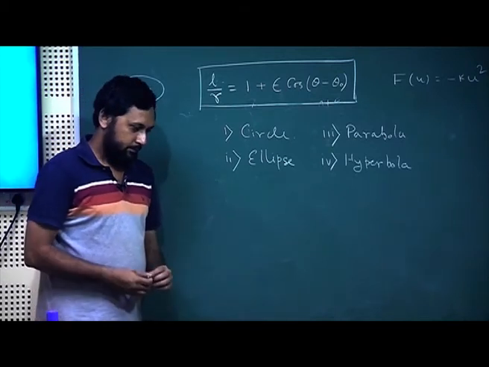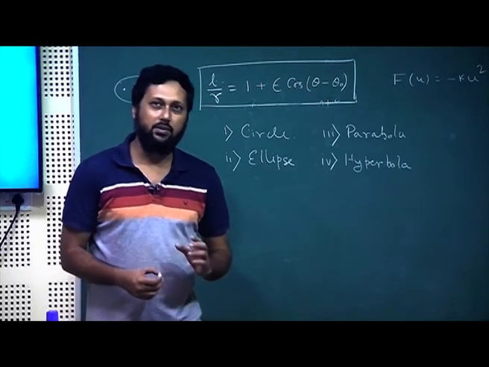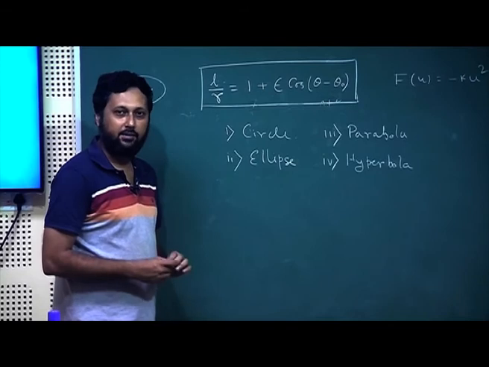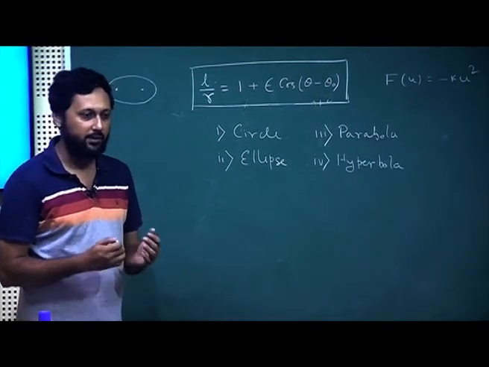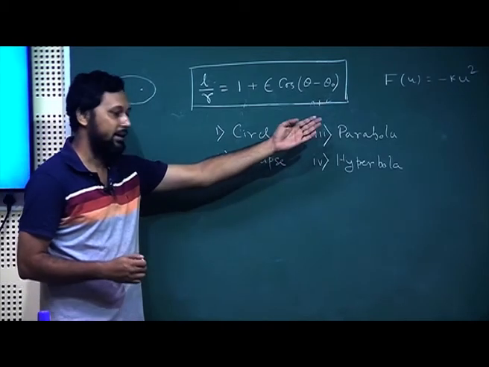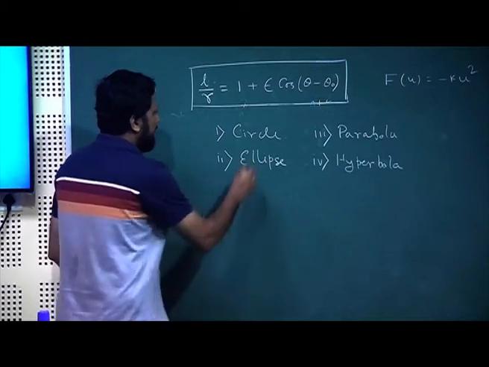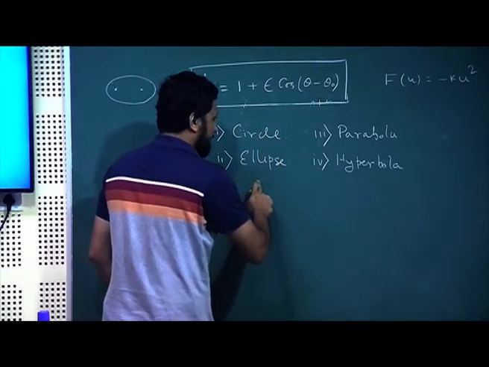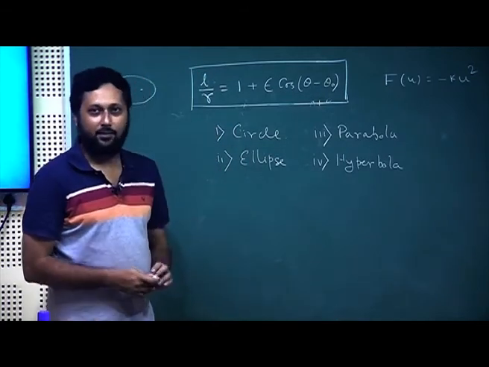It so happens that, depending on the energy of the particle which is moving under the action of a central or inverse square attractive or repulsive force, we can comment on whether this particular orbit is a circle, a parabola, an ellipse or a hyperbola, but that comes at a slightly later stage.